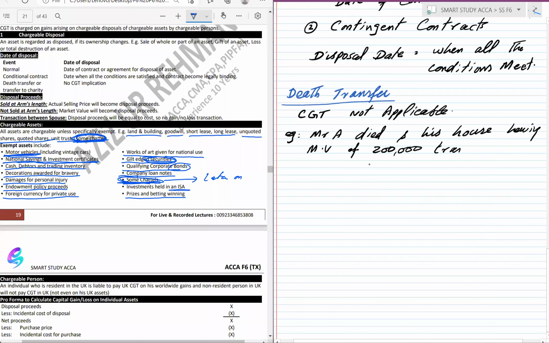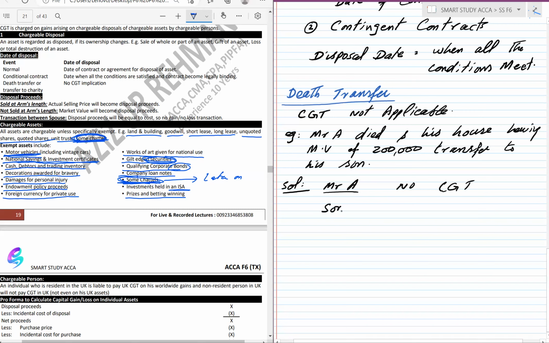So this is a small example. In this case, for Mr. A, there are no CGT implications, because CGT will be applicable only on transfer of assets during life, and this asset was transferred after the death of Mr. A. So that's why no CGT is applicable.